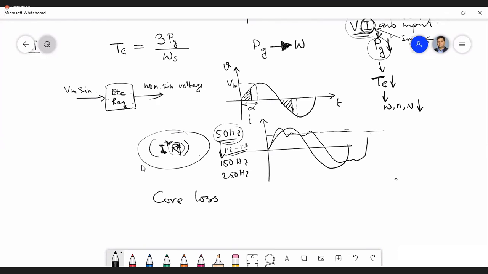But that is true for the 50 Hz assumption, the power frequency assumption. Always we design the transformer based on the power frequency, that is 50 Hz. So at 50 Hz, it is quite away from the resonance condition. That means the values of line capacitance and transformer inductance are quite different, which will not result in any kind of resonance.